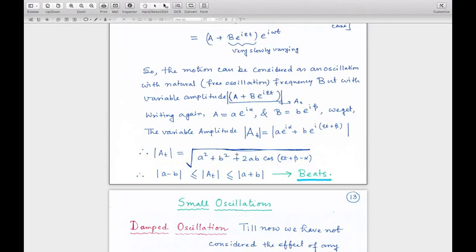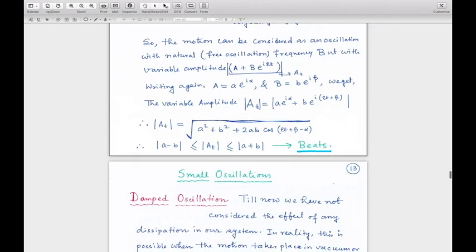If you remember that the cos part will always vary between -1 and +1, then this amplitude will vary between mod of (a minus b) and mod of (a plus b). So the basic frequency of the oscillation doesn't change, but the amplitude is changing with time. And this is the famous phenomenon of beats.